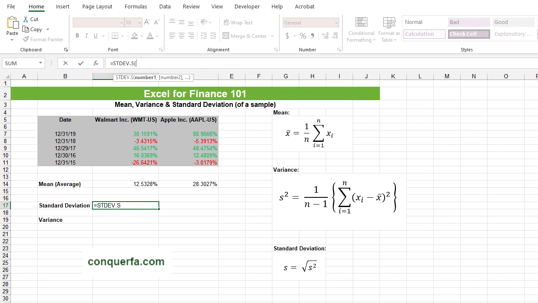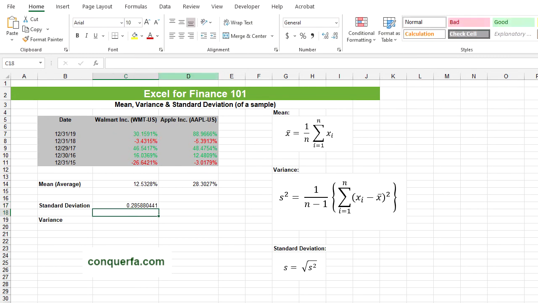So then we're just going to open the brackets, select our scores, close the brackets and press enter, and then we're going to use that trick that we learned before to move that across into the next cell, and that's going to copy over the formula for us and refer to our new set of scores in the D column.